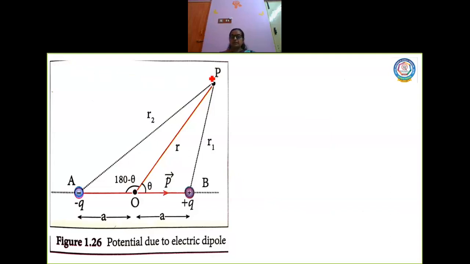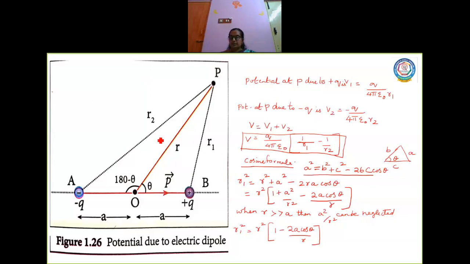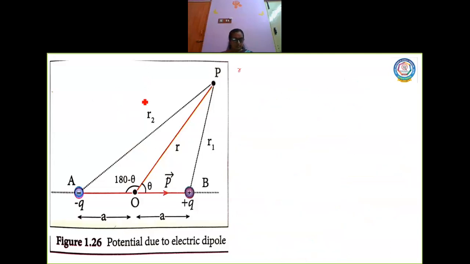So r1 will be, sorry, let me write this equation once again. r1 square equals r square into 1 minus 2a cos theta by r, so r1 equals r into 1 minus 2a cos theta by r, the whole power half.